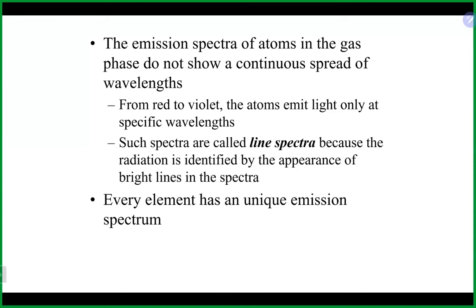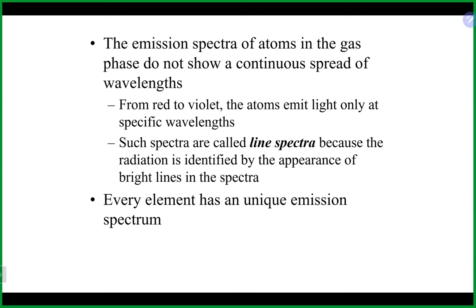Now, when we have an emission spectrum of atoms, like you saw with your flame test, you could also look at it through what's sometimes referred to as a spectroscope. The prism will separate out the light into its distinct wavelengths. We see a couple of different types of spectrum, but a very distinct type happens when we look at atoms in the gas phase.